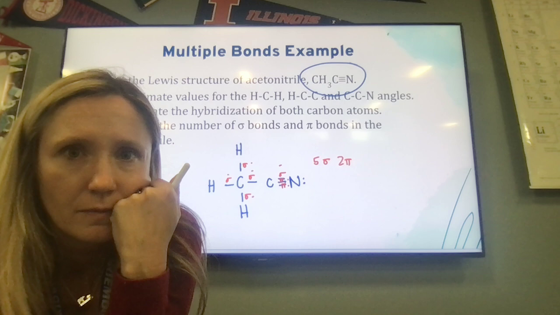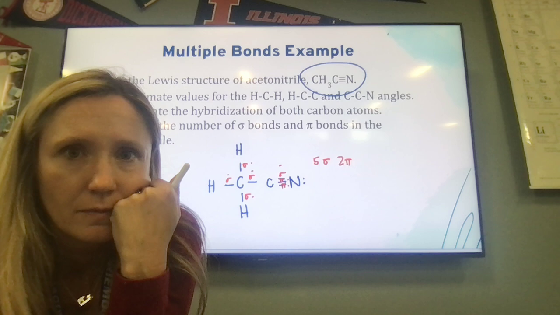A single bond in your Lewis structure is a sigma bond, always. So when you draw one line between your atoms, sigma bond. If we have X bonded to X, this is a sigma bond. When you have a double bond, so you draw two lines between them, one of the bonds is a sigma, and one of them is a pi. The initial bond is always sigma, the second bond would be a pi.